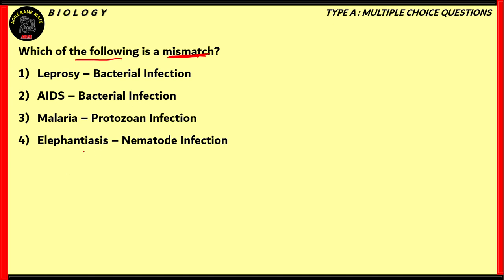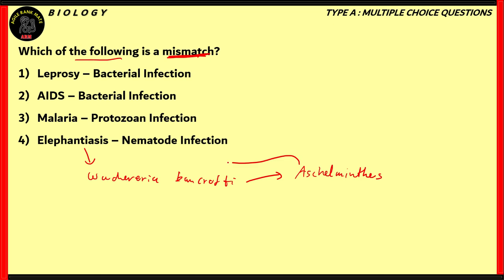Now let's look at each of the options. Elephantiasis is caused by Wuchereria bancrofti, which comes under phylum Aschelminthes. Now, Aschelminthes are also known as nematodes, so therefore elephantiasis is in fact a nematode infection.